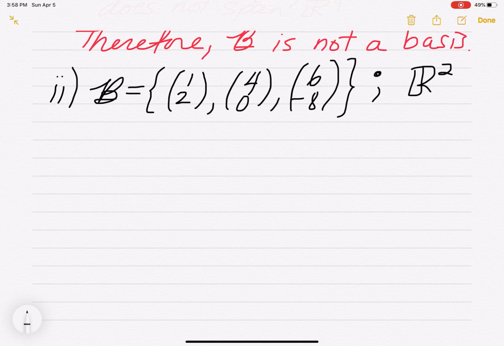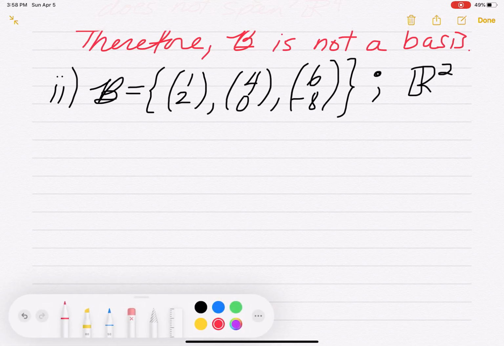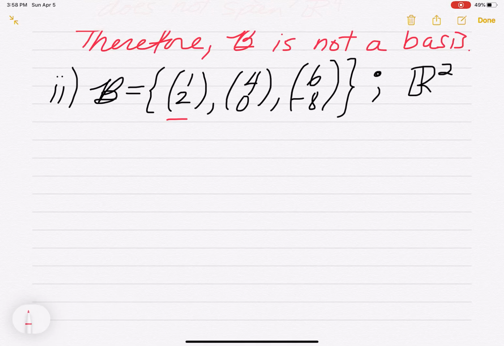Well, if you watch carefully, you've got 1, 2, 3 vectors. So you've got more vectors than entries.